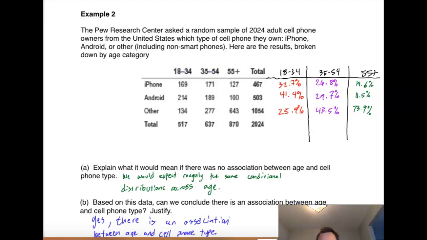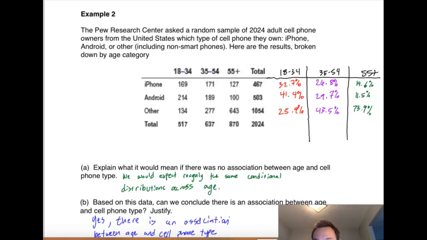The reason we know that is the distributions are pretty different across age groups. Pretty predictably, in the 55 and up category, almost 3/4 of them use something other than an iPhone or an Android, which is probably something you would expect. They either have a landline or a flip phone or something like that.